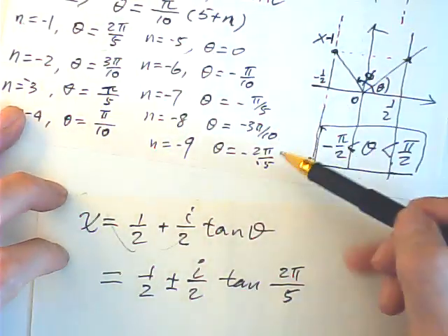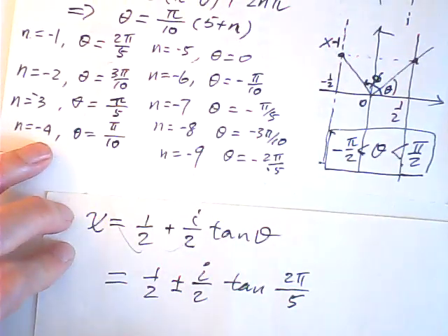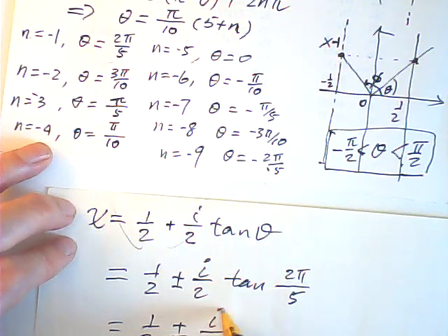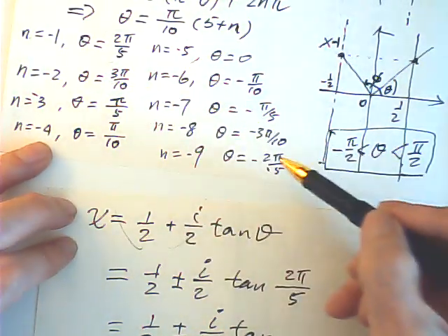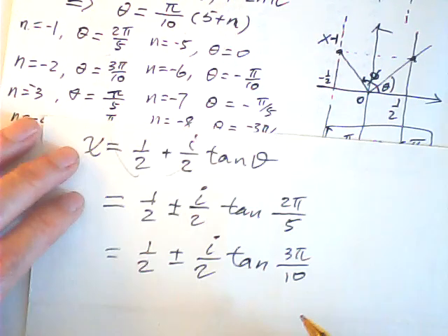This one and that one, one pair. And 1/2 plus or minus half I tangent of 3 pi over 10, these two.